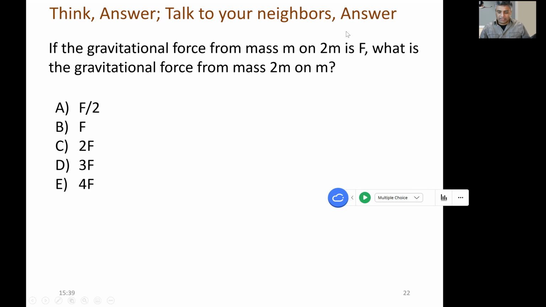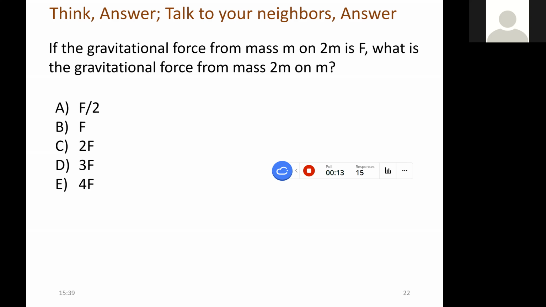Before we call the day off for today, let's quickly vote on this. You have a minute to answer this question. Are we assuming that one mass is doubled? Yeah, one mass is double mass, another one is, yes. Okay.